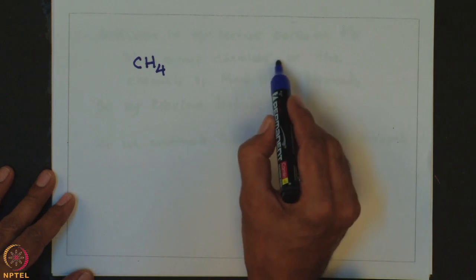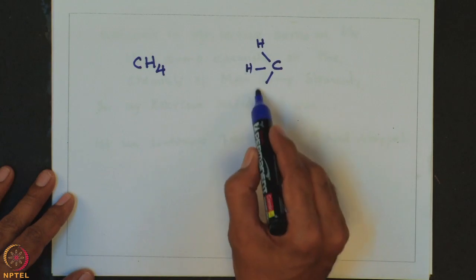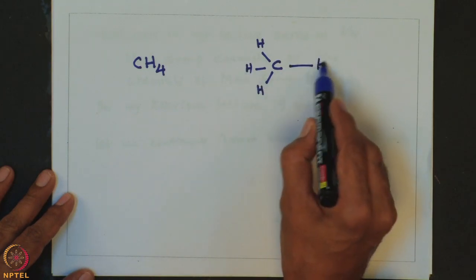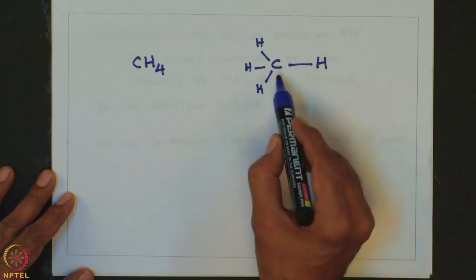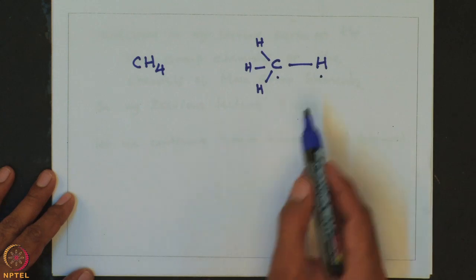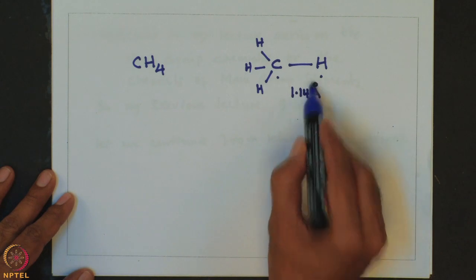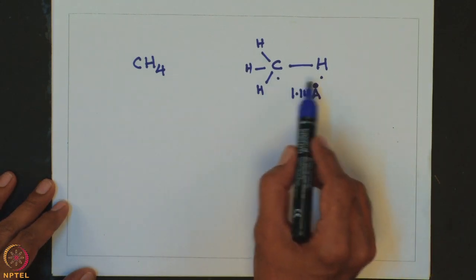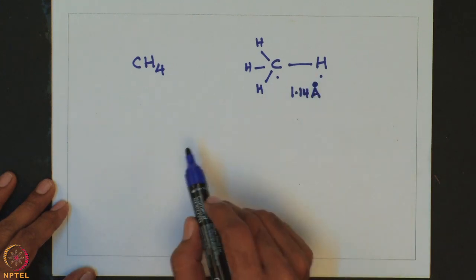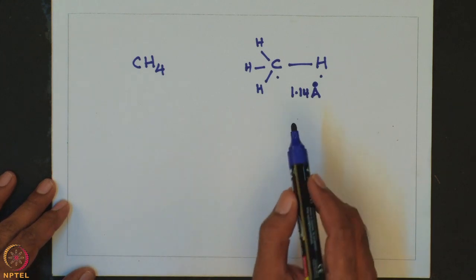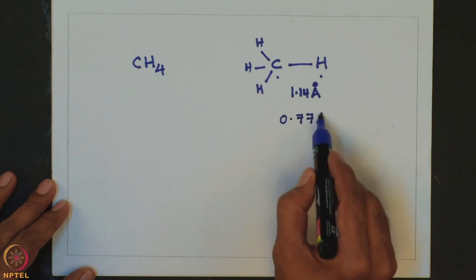I can simply write it in this fashion. And the internuclear distance between carbon and hydrogen is 1.14 angstrom units. So, we know the internuclear distance of carbon and hydrogen is 1.14 angstrom unit, and also we know the covalent radius of carbon, that is 0.77 angstrom unit.